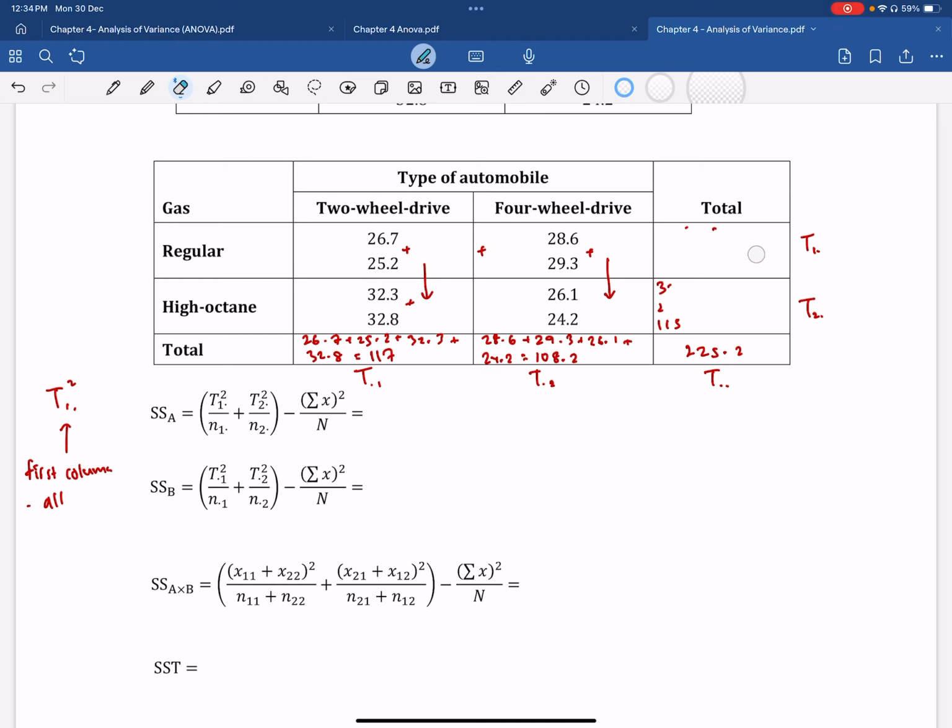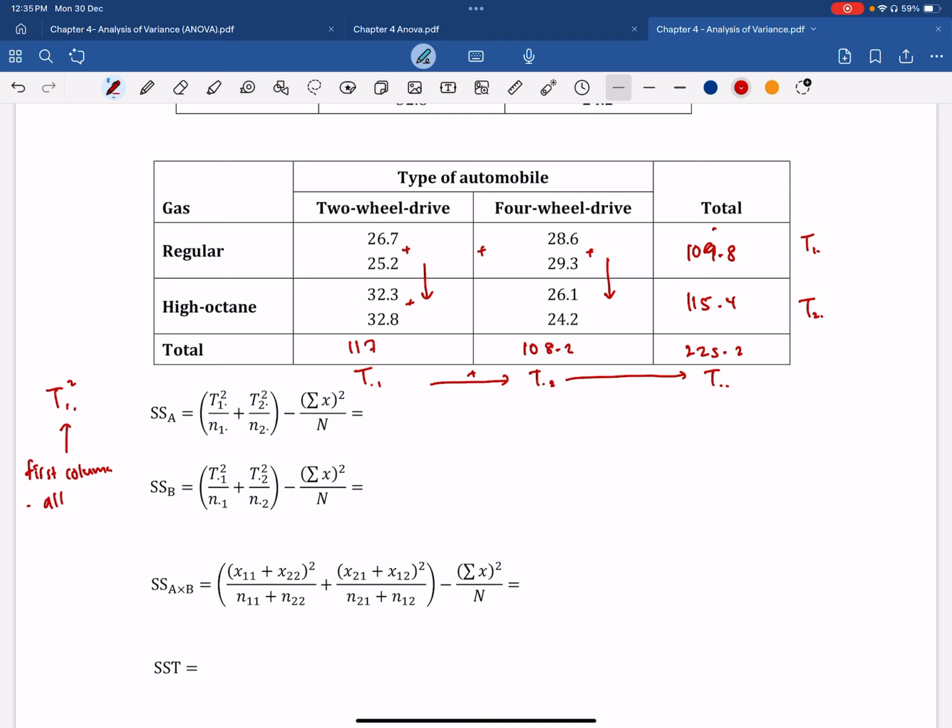You will have 109.8 and 115.4, and here 108.2 and 117. You total this, you will get this. You total this, you will get this. You can check.